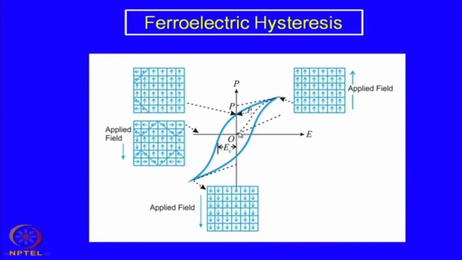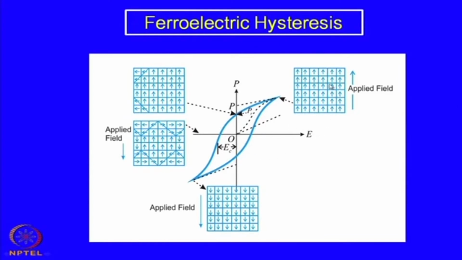In fact, it starts from 0 here, it follows this dotted line, comes to this, and then when we reduce the electric field, it follows a separate different curve, and it comes to this. Even at 0 field, there is a polarization, a positive polarization remains there even at the 0 field. Although we have started with a 0 polarization, we have ended up with a positive polarization even at 0 field. So, this is what we call the remnant polarization.